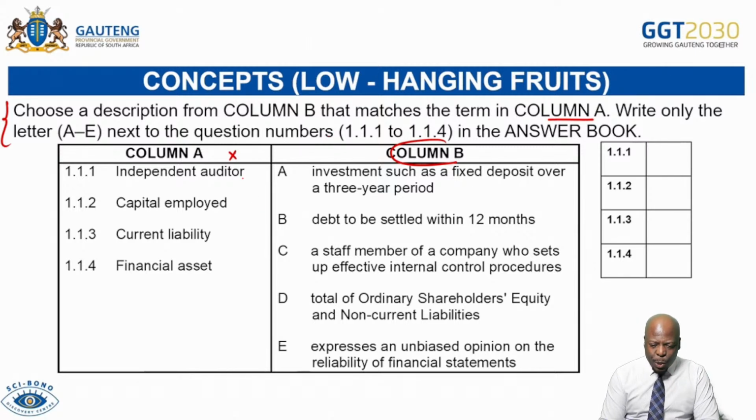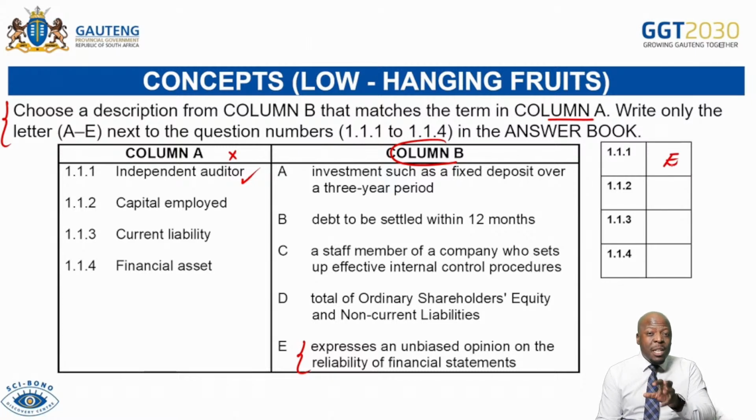So first we have an independent auditor. What is the answer here? You see that your answer is E. The independent auditor expresses an unbiased opinion on the reliability of financial statements. So your answer here is going to be E. Are you still good? All right.